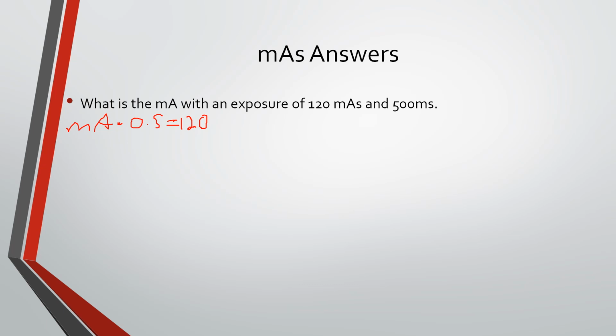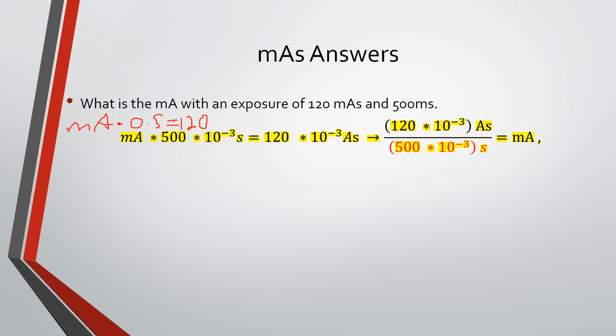Just to show you a different way, we can also keep this here. We can convert this to milliseconds and take the unit with us. Milli is times 10 to the negative 3, so we take the milli with us with the amp seconds.